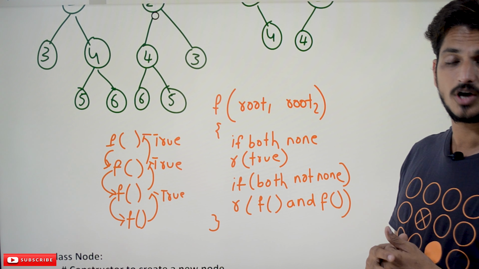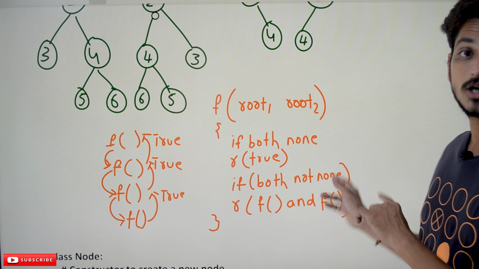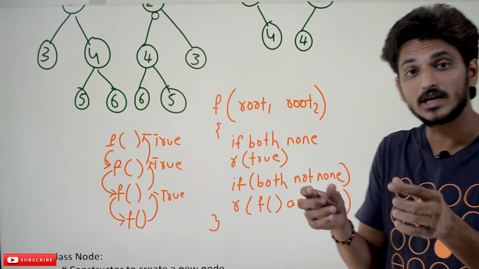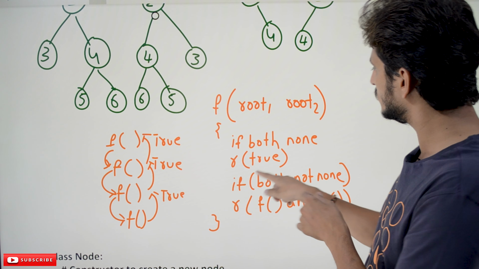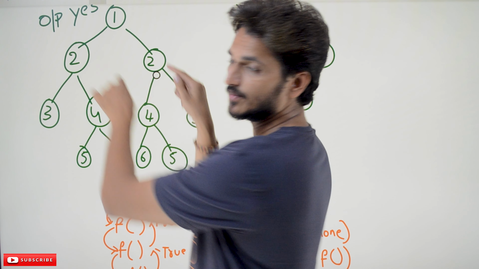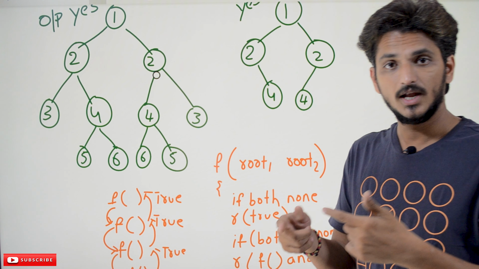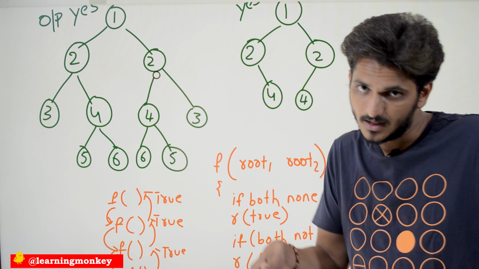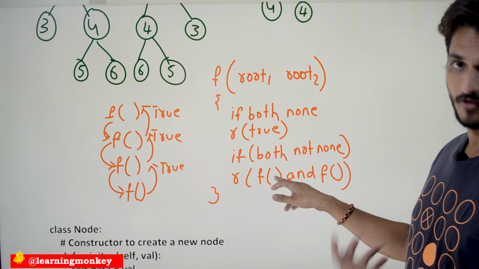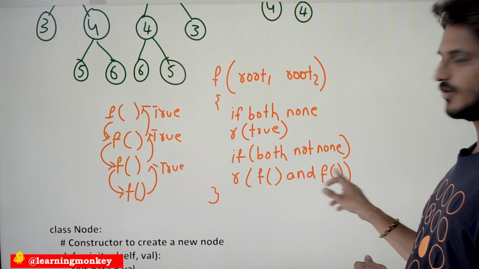What's the next condition you have to check? If both nodes are not none, you have to check the equality of the values. If both nodes are not none, you have to check whether these values are the same or not. If they are the same, next you have to call the left side and right side. Next you have to return f of one function and another function.